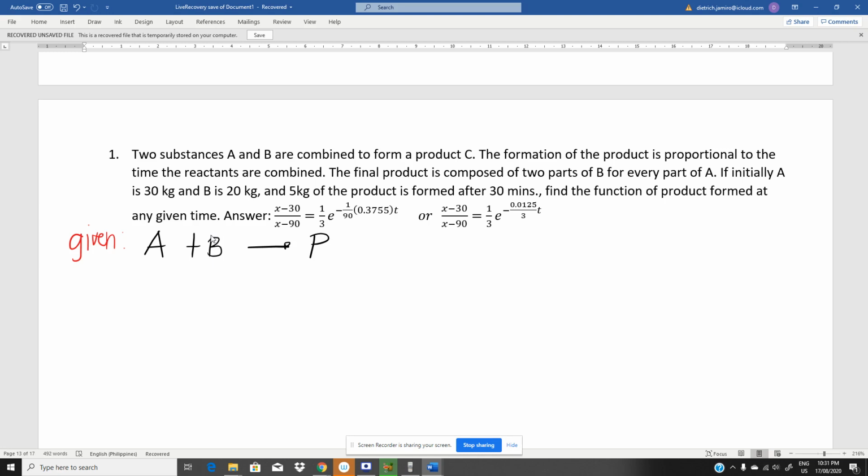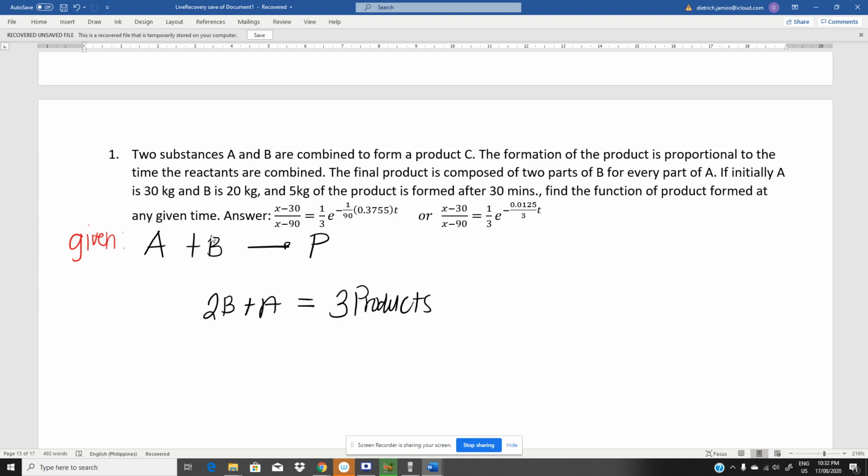As you can see, the formation of the product is proportional to the time the reactants are combined. The final product is composed of two parts B, so we have 2B for every part of A, so plus A. That's going to be our total product, so we will have a total of three parts.